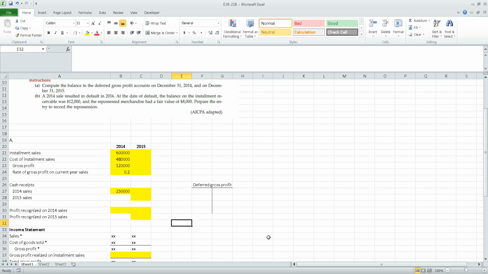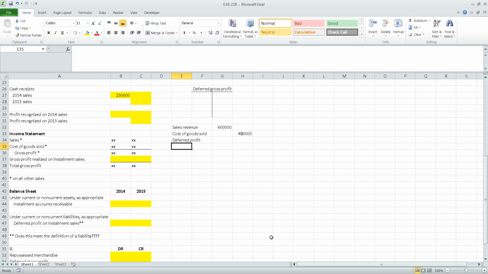We would have debited sales revenue for the entire amount of the sales that we made, which was 600,000. We would have credited cost of goods sold for the cost of those items, and we would have credited an account called deferred profit.